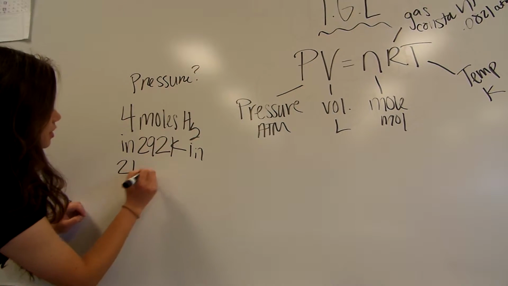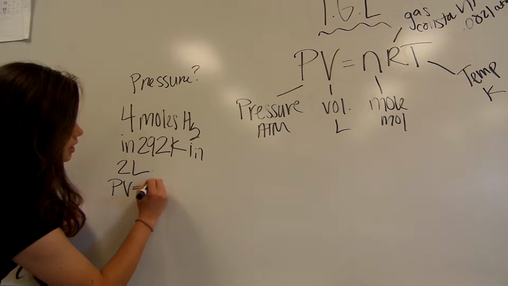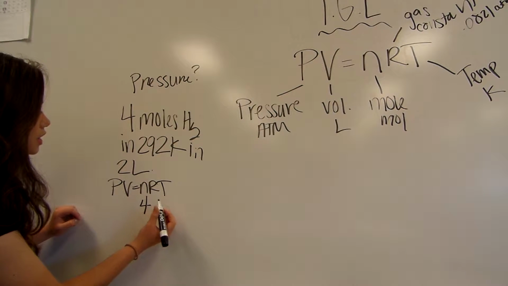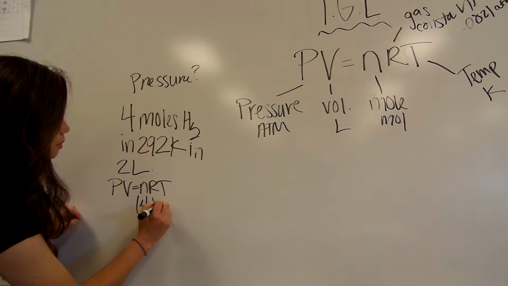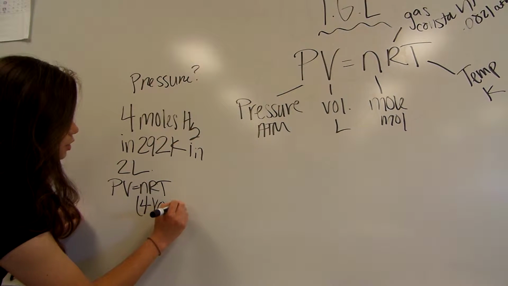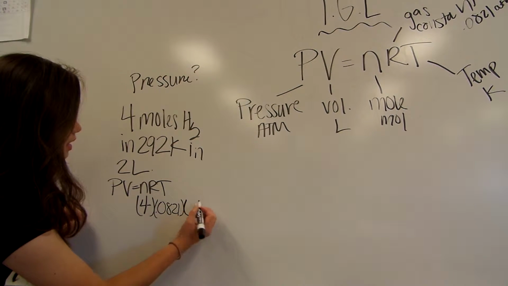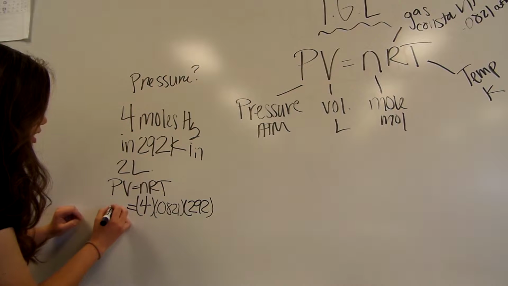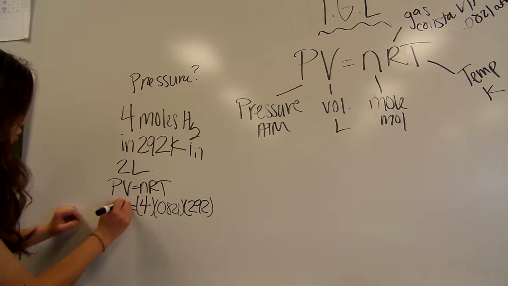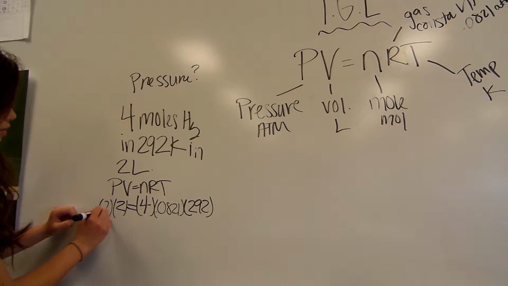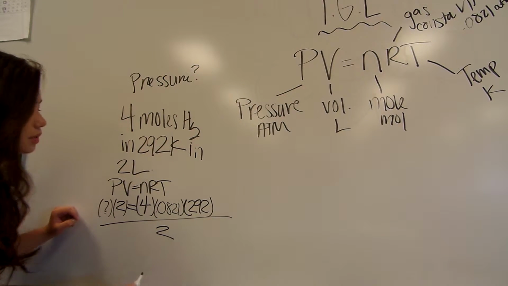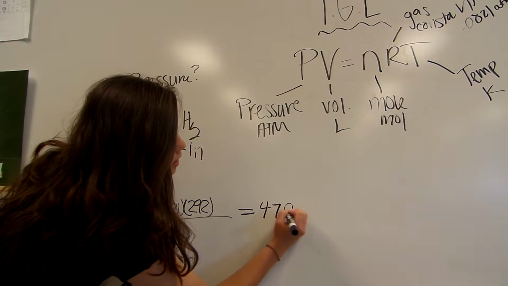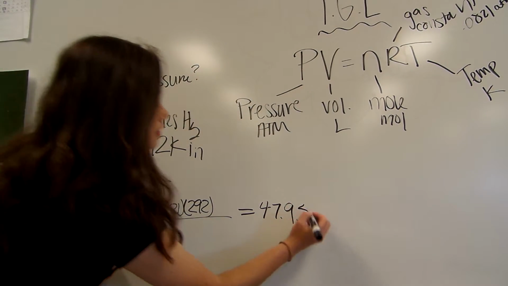Well, if we put it into the equation, we have PV equals nRT, and that's 4 moles of H2 in 0.0821 because it's ATM, and 292 Kelvin, and the volume is 2. So if we divide it all by 2, then we can get the answer, which would be 47.95 ATM.